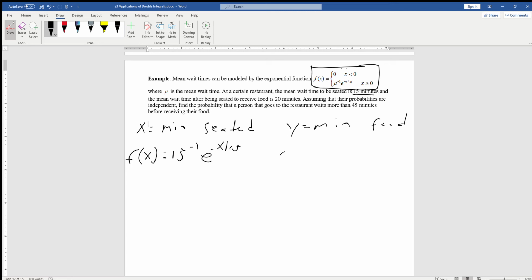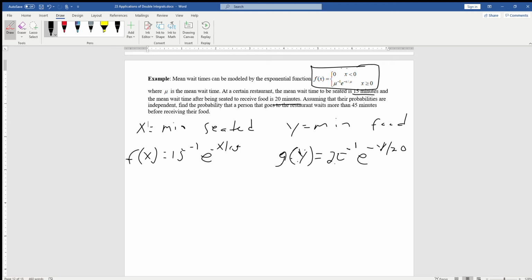Now, I'm going to call g of y a secondary function, and g of y is going to be equal to, we have our mean of 20 minutes, so that's going to be 20 to the minus 1 e to the minus y over 20.